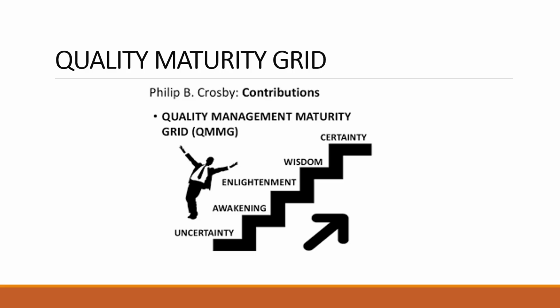Can we run some awakening program by which the knowledge of the staff is enlightened, their wisdom increases over a period of time, and we can be certain that yes, this particular company can deliver such a product? That is the quality management maturity grid, in short QMMG.